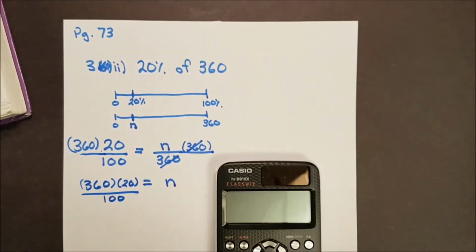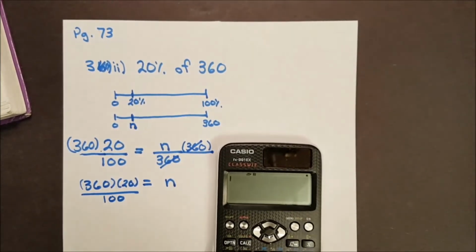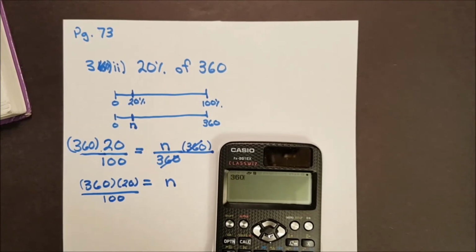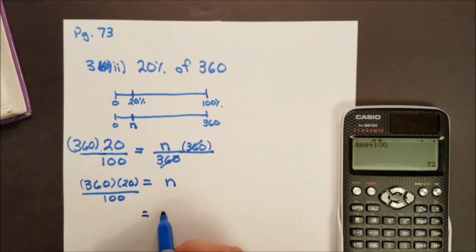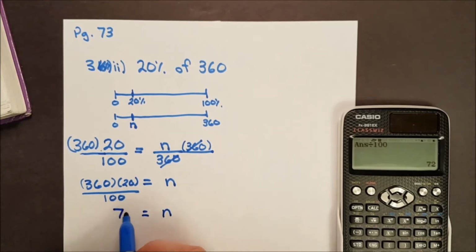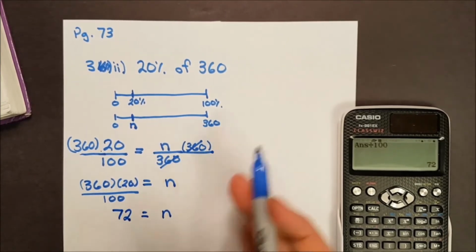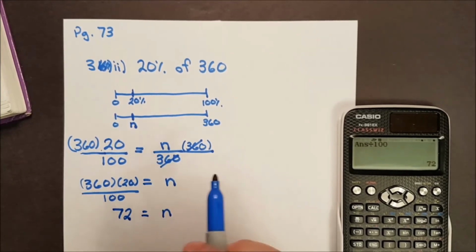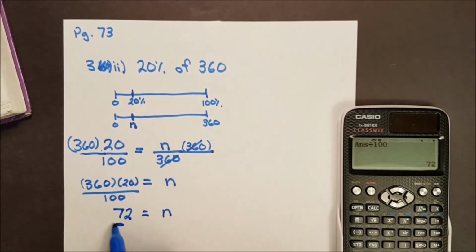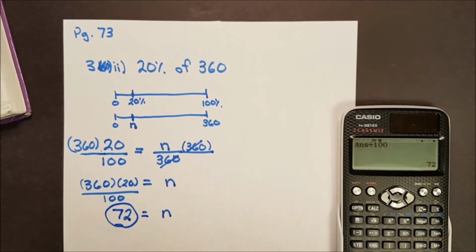Let's use our calculator. I think it's 72, but let's check. 360 times 20 divided by 100 equals 72. So when you crunch the numbers on this side, n equals 72. Then maybe we can write a statement. Therefore, 20% of 360 is 72, which is our answer right here.